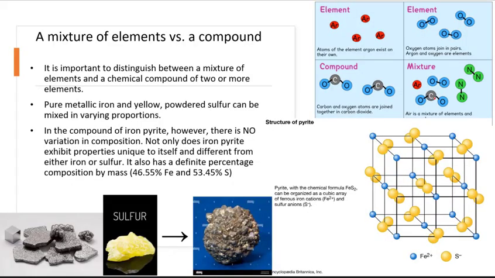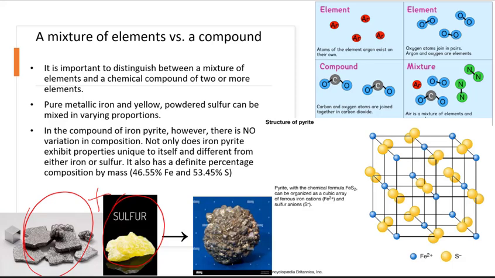A mixture of elements versus a compound. It's important to distinguish between a mixture of elements and a chemical compound of 2 or more elements. Pure metallic iron down here and yellow powdered sulfur right here can be mixed in varying proportions. In the compound of iron pyrite, however, there is no variation in composition.